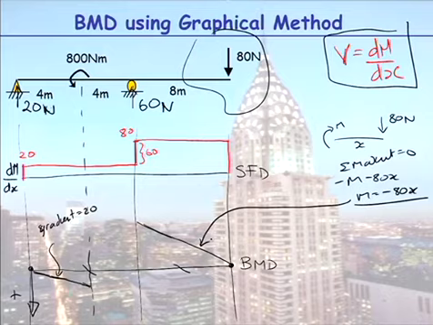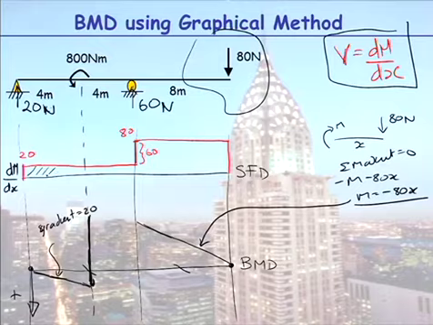Now, based on the other problem, I said if you just remember that an anti-clockwise moment gives you an upwards step in my bending moment diagram, and I should draw it all the way up. How far up do I draw it? This is where I can put some values in, because what is the moment down here?